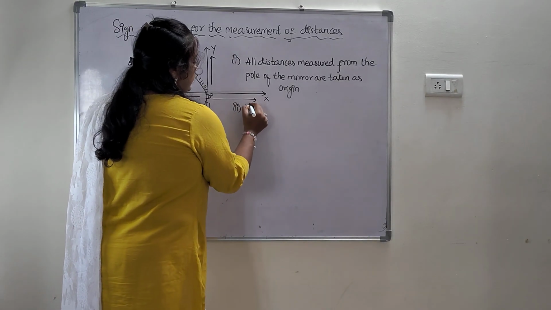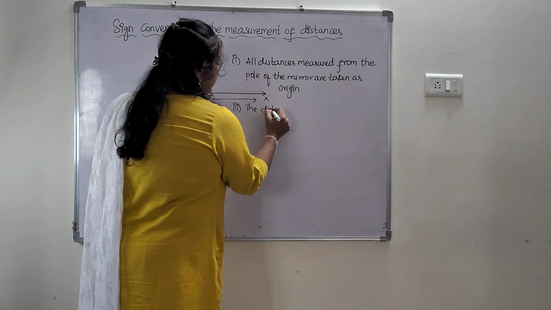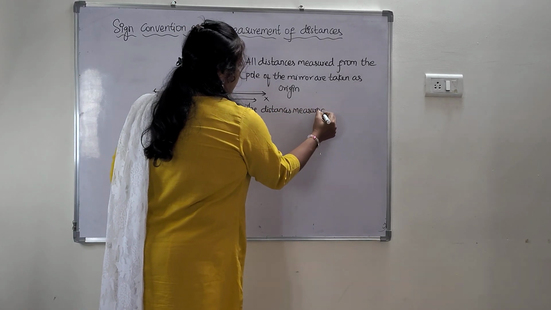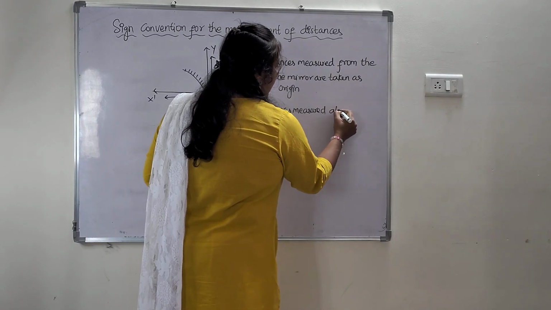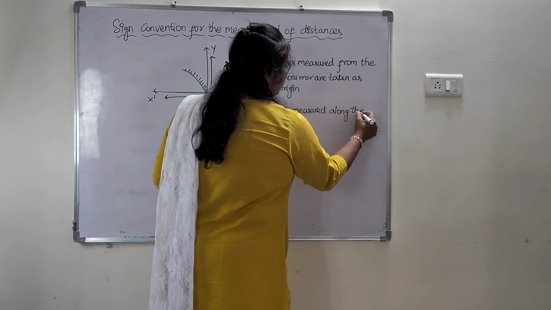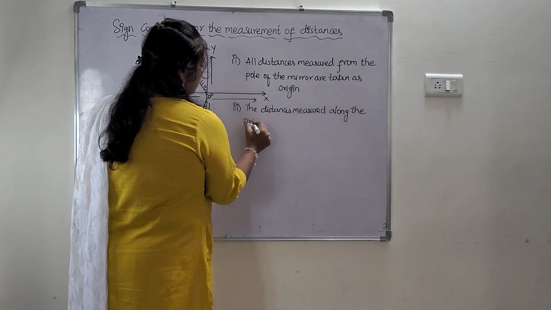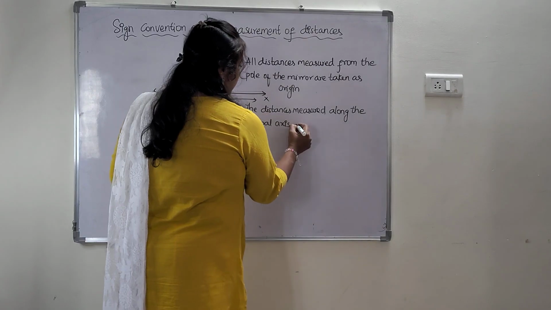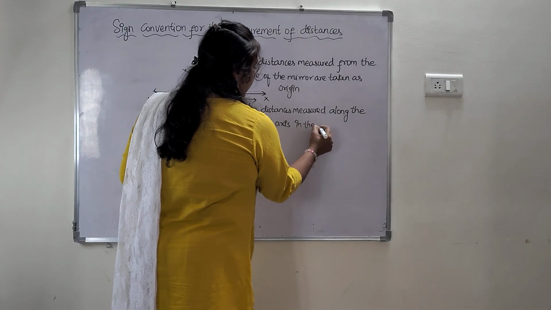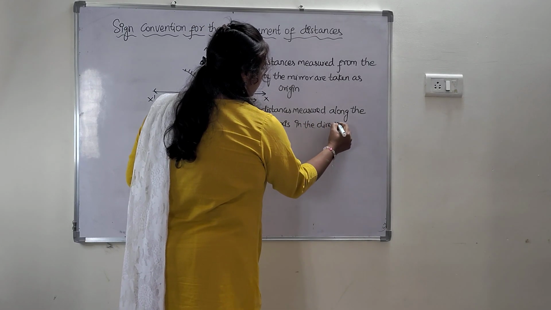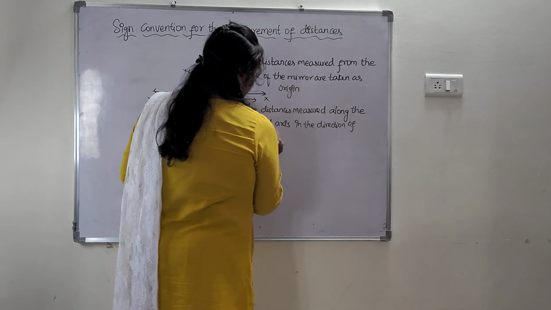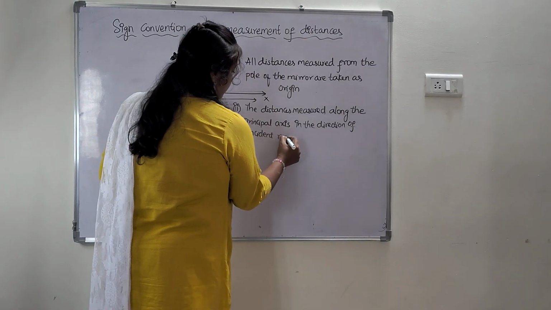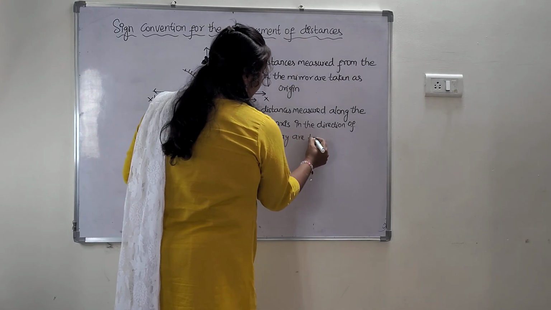Rule number 2: The distances measured along the principal axis in the direction of the incident ray are taken as positive.